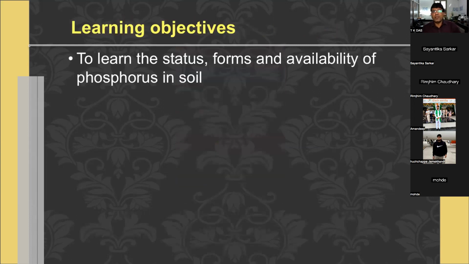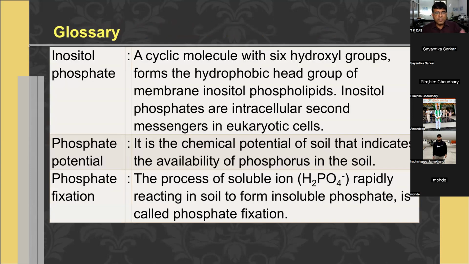So to learn the status, forms, and availability of phosphorus in soil, here is some terminology. Inositol phosphate is the most important organic compound in the seed. When your seed germinates, this inositol phosphate is attacked by enzymes and it releases phosphorus for the germinating embryo or germinating seedling.